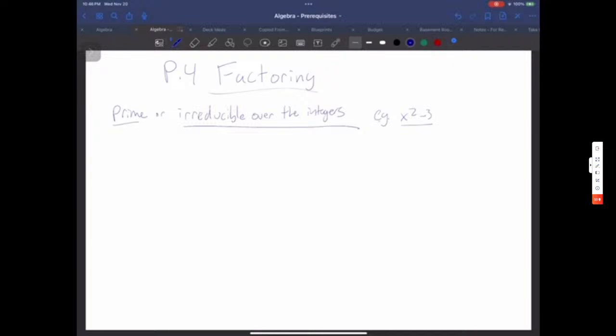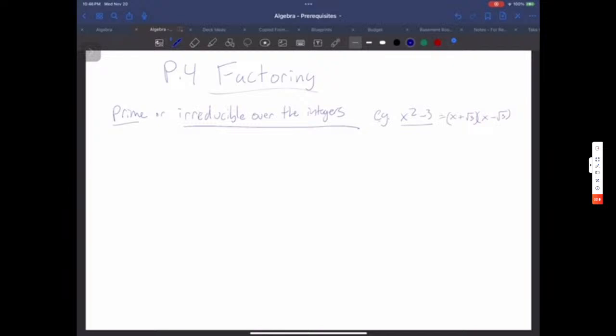It's not a complete square. So x squared minus 3 is the same as x plus the square root of 3 times x minus the square root of 3. And the reason we would factor it that way is because we want the lowest term in the variable as possible. And here it's first degree in x.